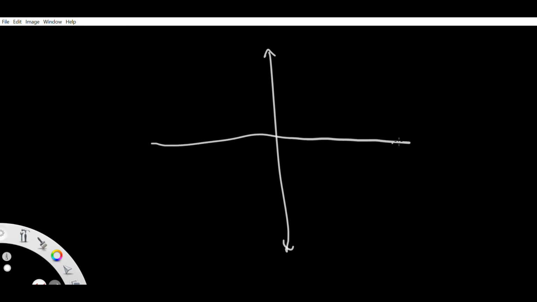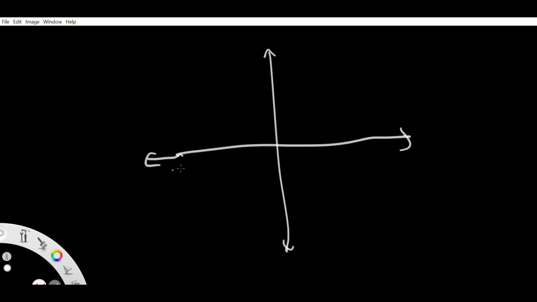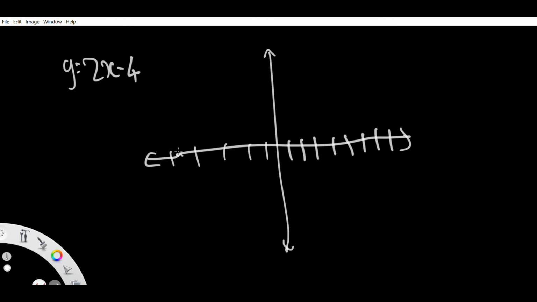So graph. And we have y is equal to 2x minus 4. We just need to graph one of these lines because both of them are basically the same. So y is equal to 2x minus 4.